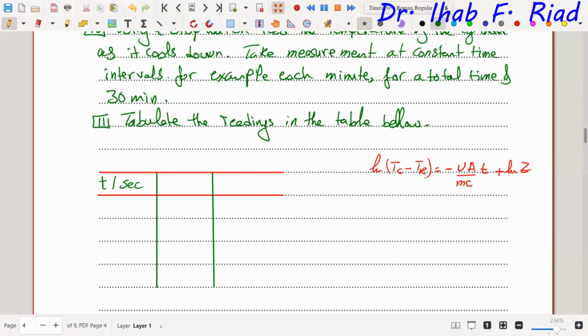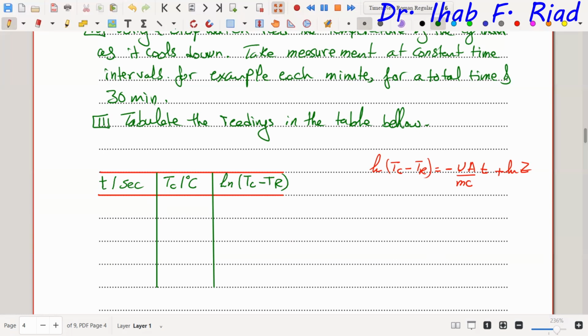Then the dependent, which is TC. Units? TC is the temperature, degree Celsius. Okay. What else do we need here in this table to make it be able to draw a line? Ln TC minus TR. Okay, good.